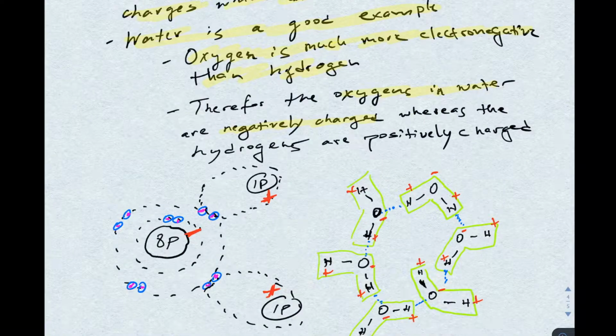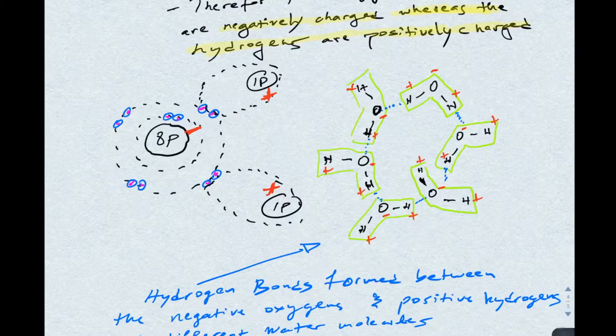Whereas the hydrogens, which now have the electrons farther away from their nucleus, will end up having a positive charge on them.